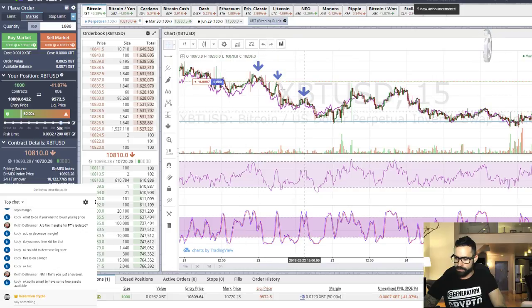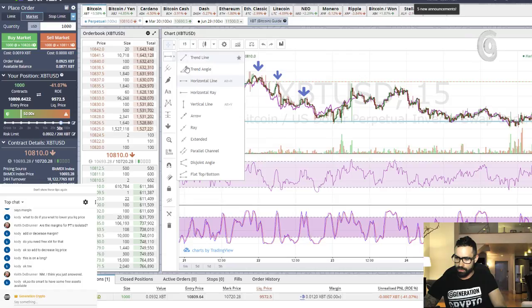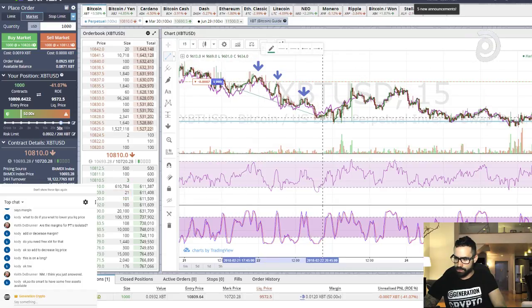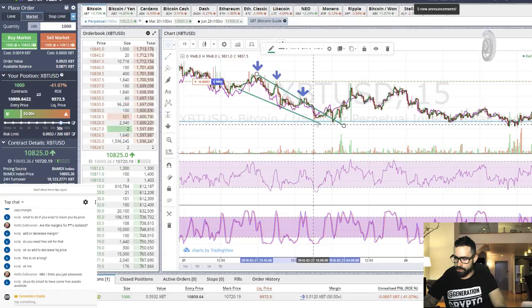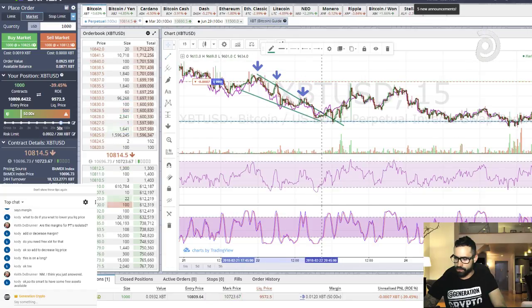Then the rising wedge, sorry, the falling wedge came to a halt, and there's a falling wedge here. This is what the wedge looked like on the real chart, right?